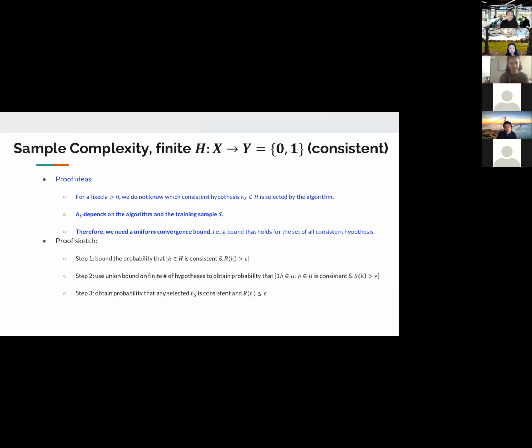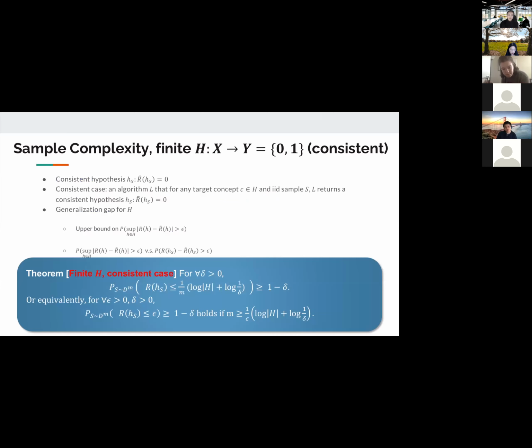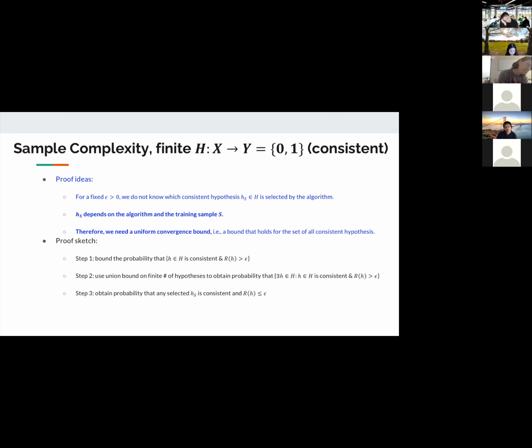But the good news is that you are able to bound that because the number of hypotheses in a hypothesis set is just finite. So that's why sample complexity is related to the cardinality of H.